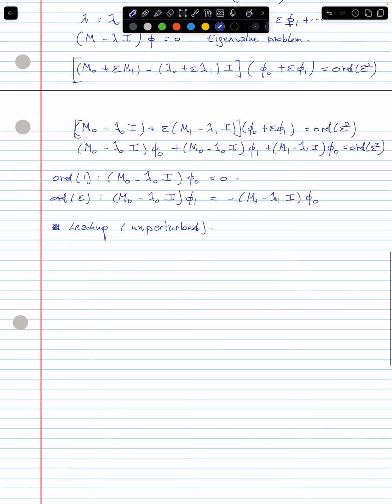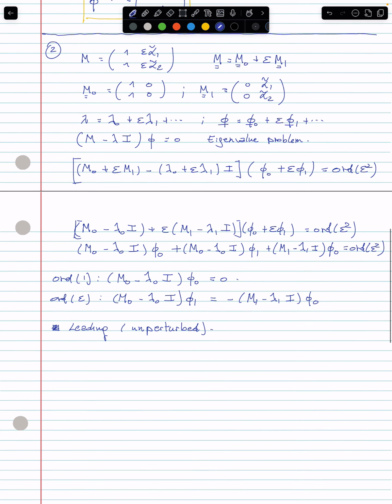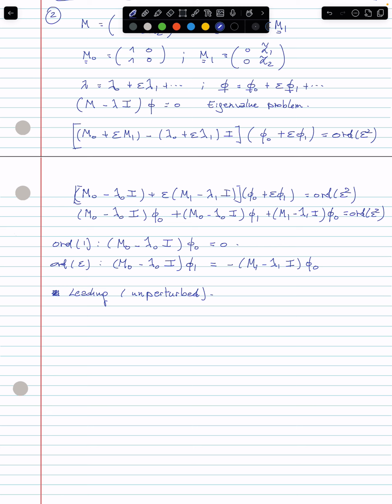So what do we have? M0 minus lambda I. So M0, let's come back to M0. This is 1 minus lambda 0, we have 0, we have 1 and minus lambda 0, multiplied by phi 0 is equal to 0.